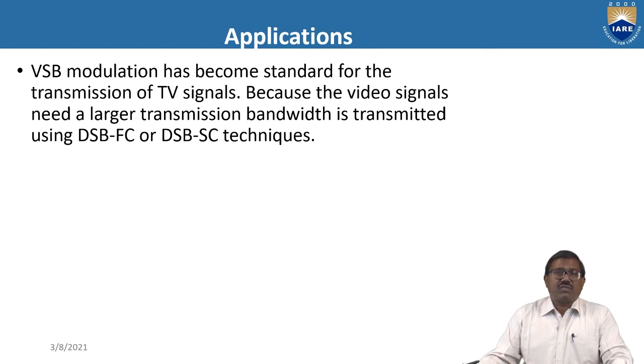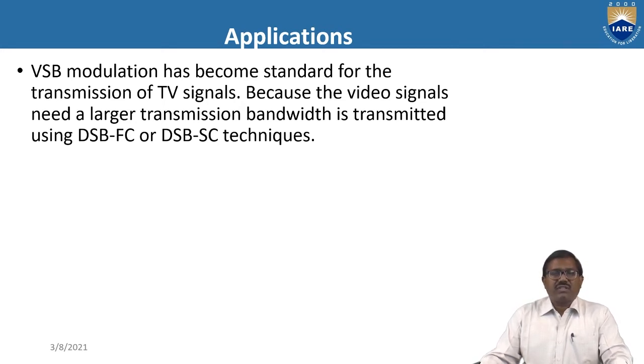And applications where we use this VSB. VSB modulation has become the standard for transmission of TV signals. So generally it is used for video signals. Because video signals need a larger transmission bandwidth, they are transmitted using DSB FC or DSB SC techniques.